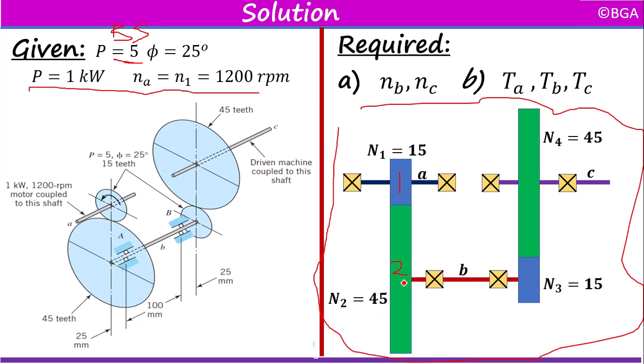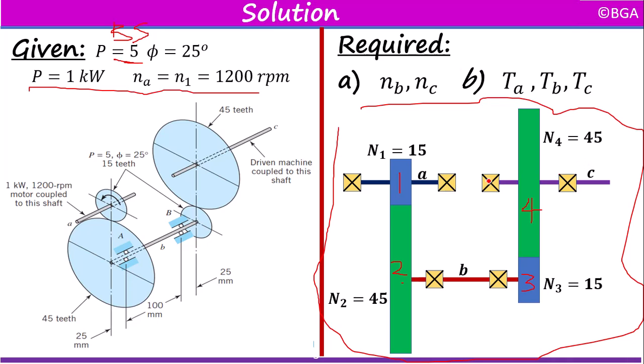The RPM is going to be determined. And here is gear 3, the driver gear now, and then this gear 3 drives gear 4. So the number of teeth for gear 3 is 15 and the number of teeth for gear 4 is 45.